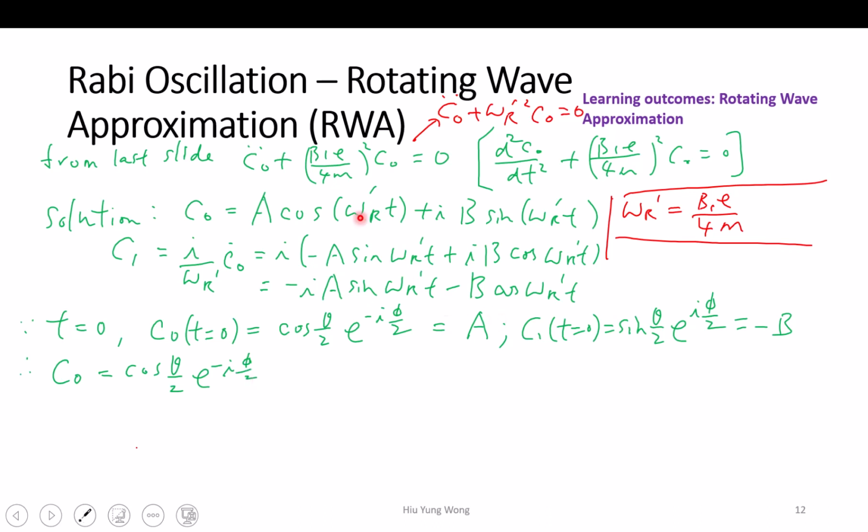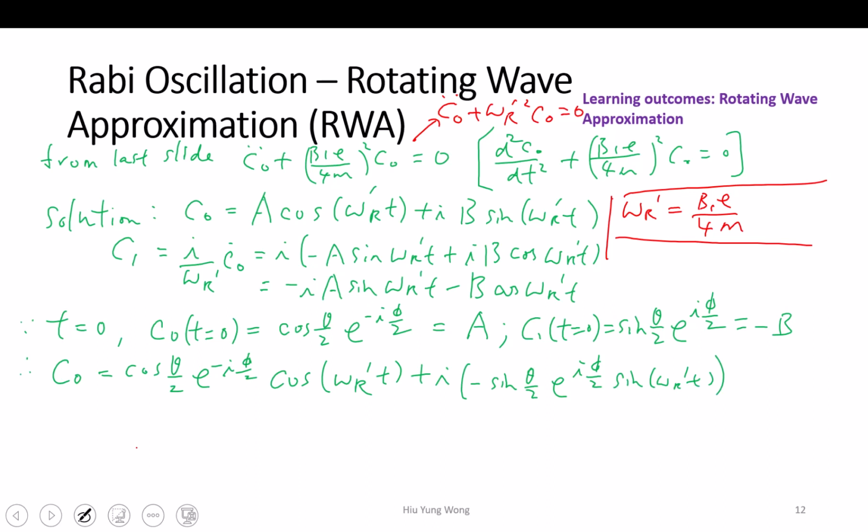I plug in A, cosine omega R dash times t, yeah, plus I, and then we have the B, which is negative sine theta divided by 2 e to the power I phi divided by 2 sine omega R dash t.